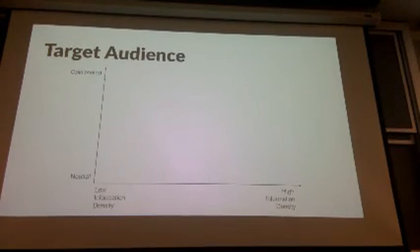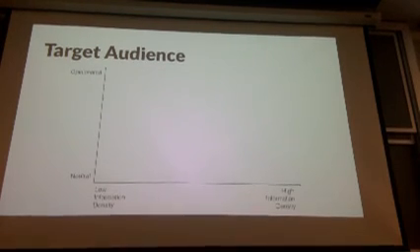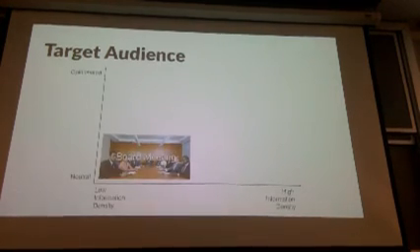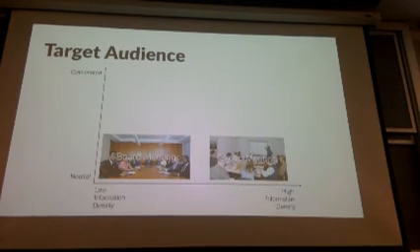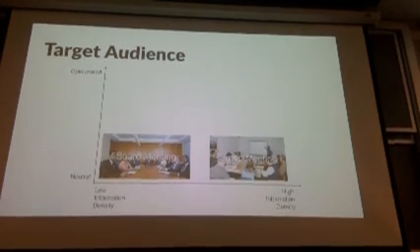And so we can create this fake chart here between opinionated and neutral in terms of your story, and low information density versus high information density. These are just examples. A board meeting would be fairly neutral and has low information density. A research group meeting would have high information density, but would not be opinionated.